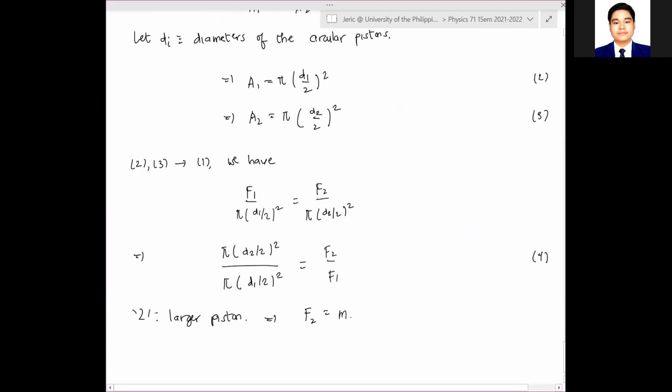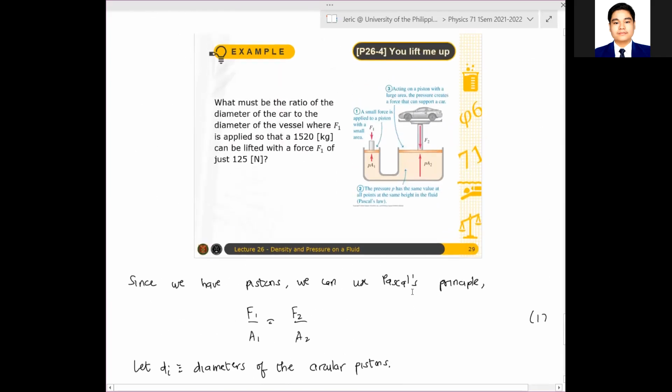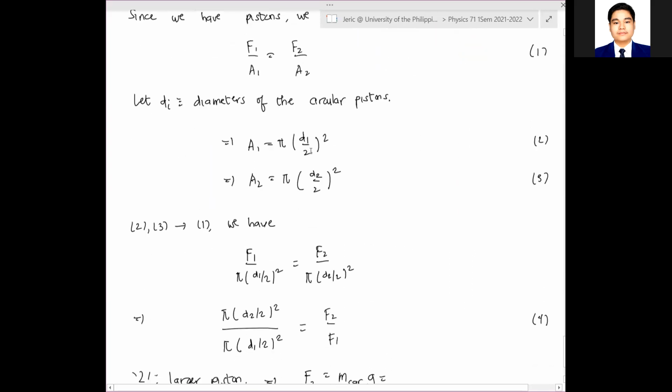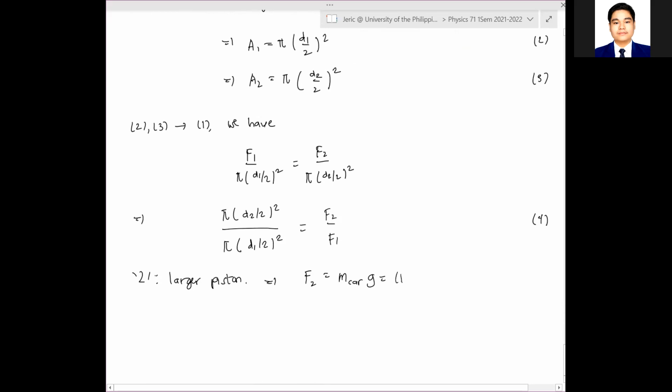So this is simply mass of the car times g. Given that the mass of the car is 1,520 kilograms, magkakaroon ka ng 1,520 kilograms multiplied by 9.81 meters per second squared. Di ko na simplify muna kasi may mas madaling way. And then F1 is simply 15 newtons, that's given.